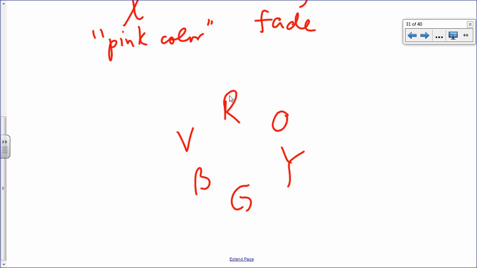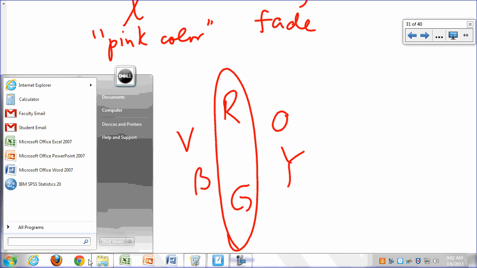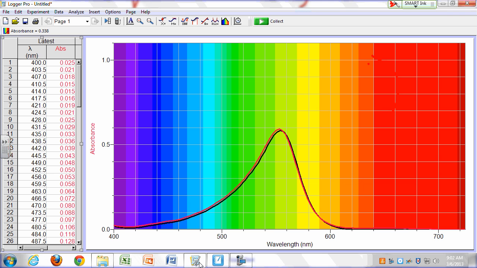What's the complement of red? Green. And where is the maximum absorption happening? The strongest color that's being absorbed by the ion responsible for the color of phenolphthalein in base is green. Okay, so that's why what you see is pink. It strongly absorbs green. All right. So what was that again? 553.